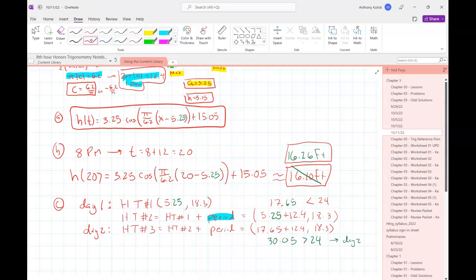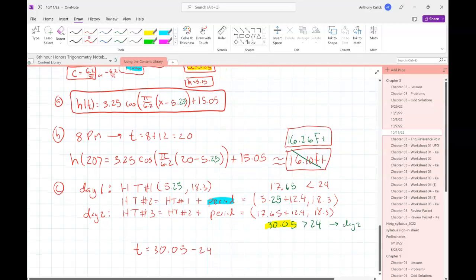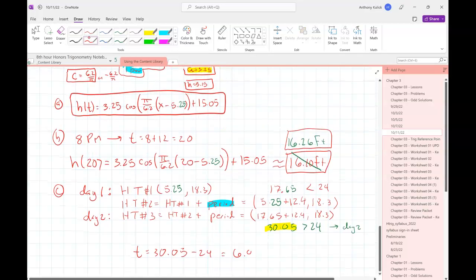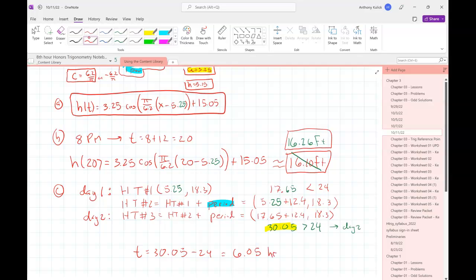So what do I say? At 30.05 on day 2? No, that's bonkers. But I do need that 30.05. What do I need to do with that? Great. So this is 6.05 hours after midnight.